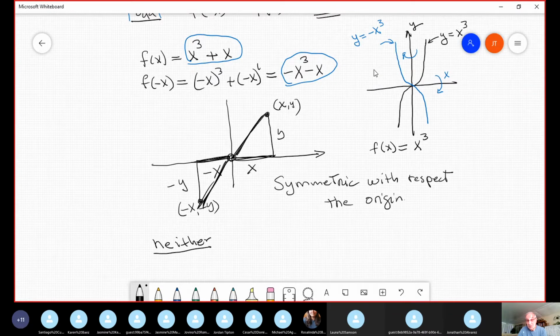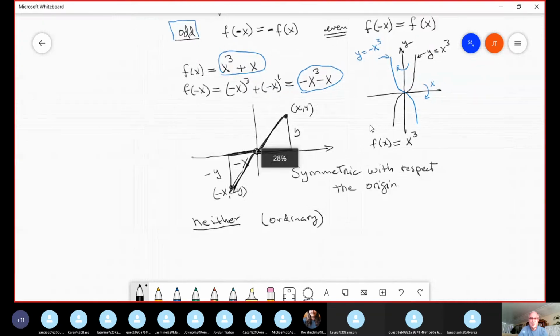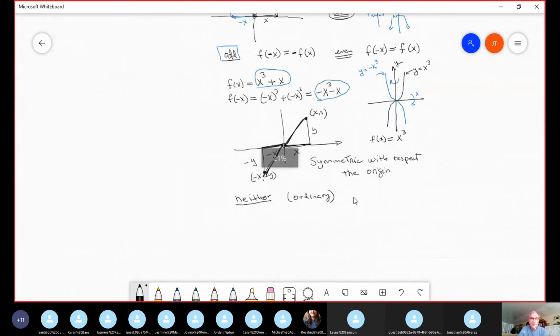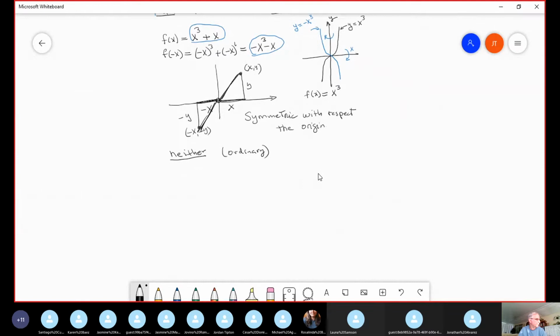It's called neither, and in my opinion, it's ordinary. And even and odd is a special, sophisticated function. Okay? So I bring some examples. And you let me know.